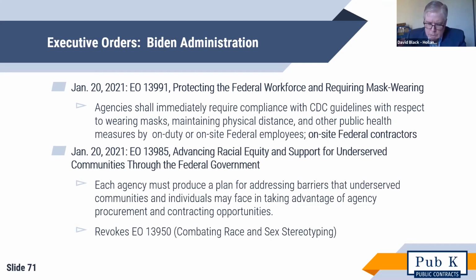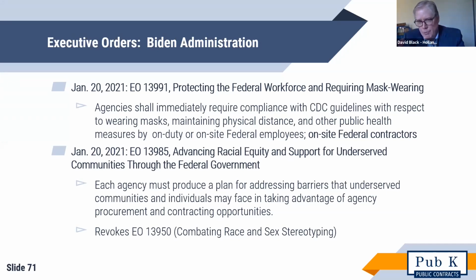Then also on January 20th, there was an executive order protecting federal workers and requiring mask wearing. This is a directive that agencies will immediately require compliance with CDC guidelines on wearing masks, physical distancing, and other public health measures by on-duty or on-site federal employees and on-site federal contractors.